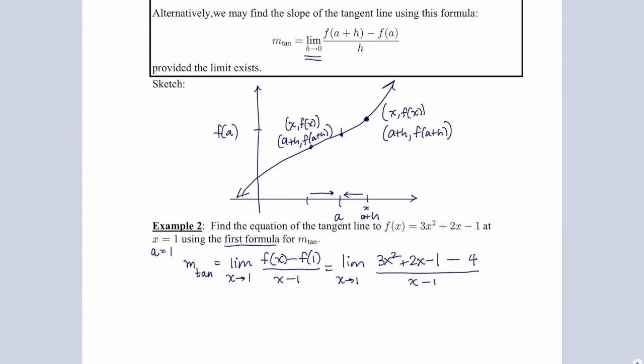So I filled in the formula for f of x, I filled in the number that represents f of 1, and now my denominator is x minus 1. If I try to do a direct sub to evaluate this limit, I get 0 over 0, which is an indeterminate form. So I need to do some work.